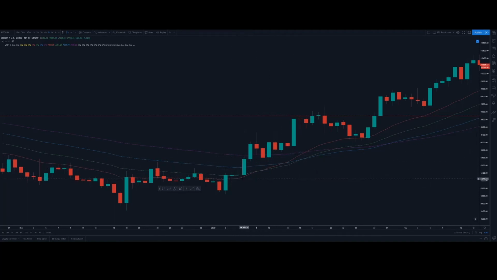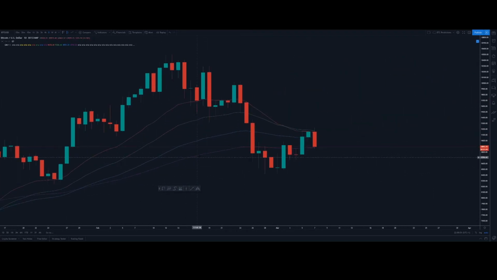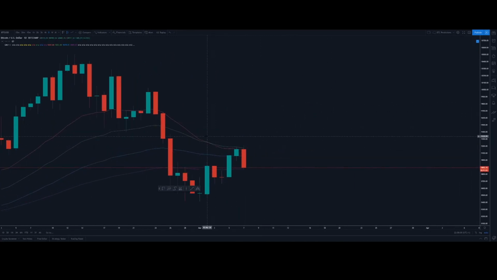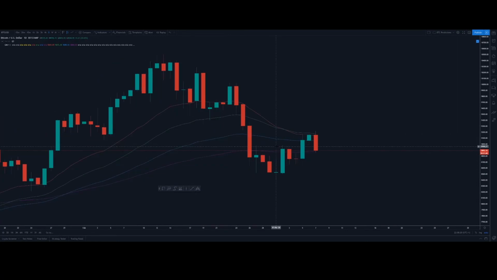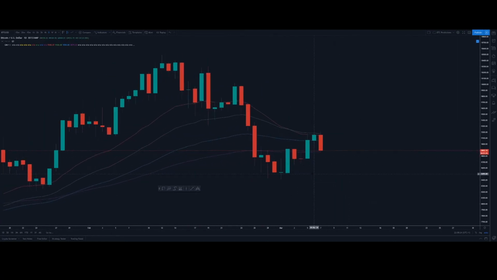I mean that the 21 crosses over the 34. This is a perfect example of a golden cross. Here's a perfect example of a death cross. As you can see, the EMA 21 crosses under the EMA 34, leading into a bearish reversal, or actually a bearish continuation. As you can see, the price is dropping now.